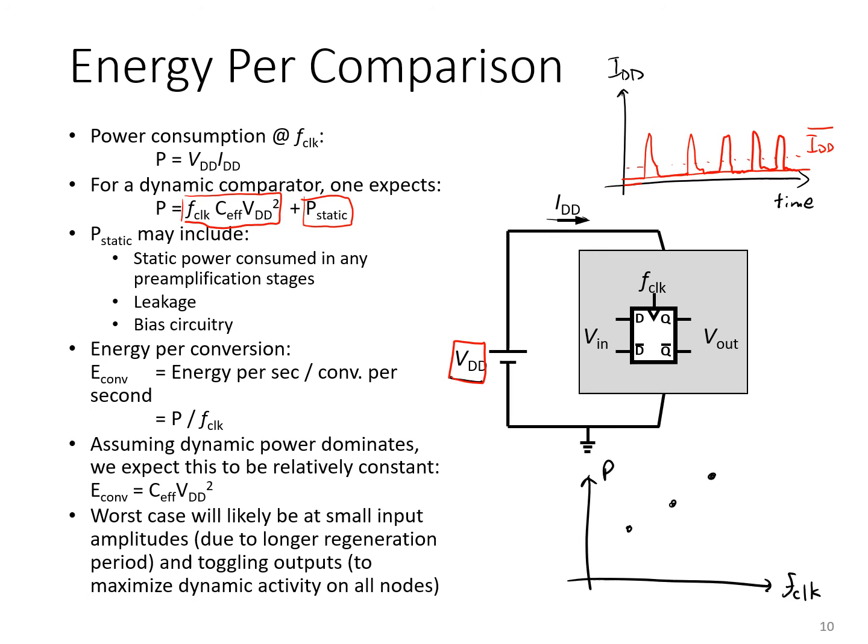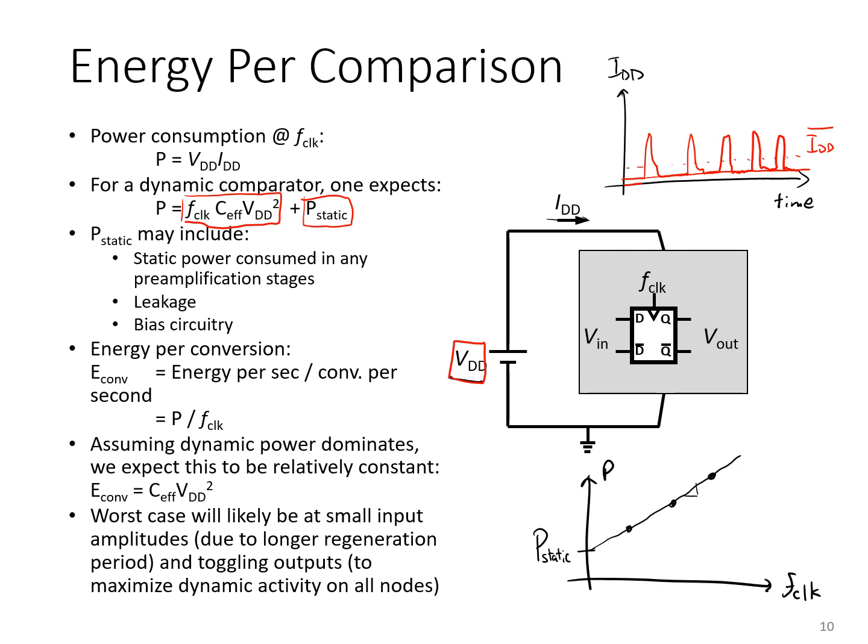And if we draw a line through them, we should be able to draw a pretty straight line through them, where the intersection of that with clock frequency of 0, that's not really probably a practical simulation we can run, but that's an indication of the static power. It's the power we would be burning even if we weren't clocking the comparator. And then the rest here, that's the dynamic power consumption.